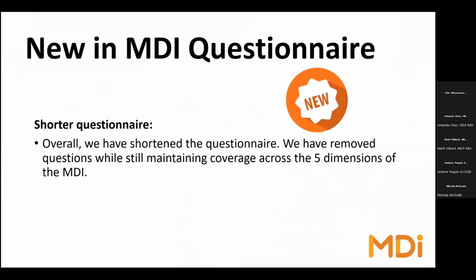Right, and of course, we strive to make sure that the MDI is current, that it is scientifically rigorous, and that the information collected on the survey reflects the experiences and perspectives of today's children and youth. One piece of good news for this year is that our survey is shorter. We have removed questions, while maintaining coverage across the 5 dimensions of the MDI.